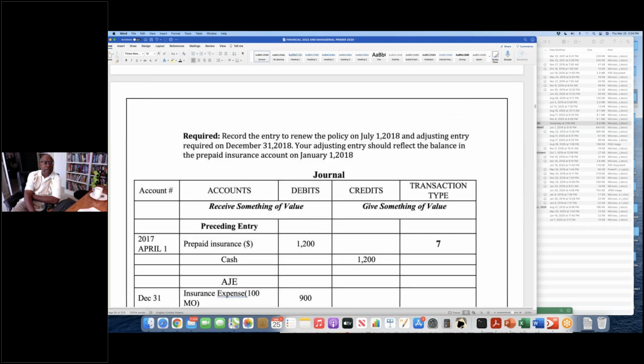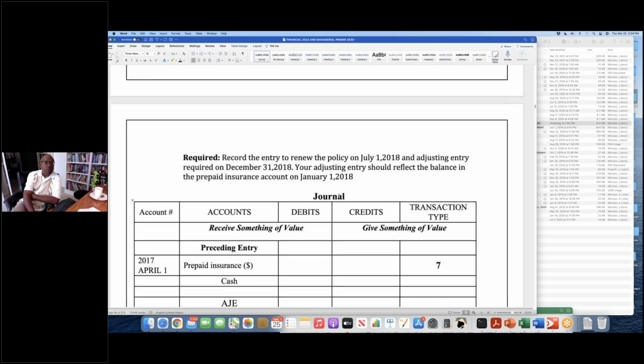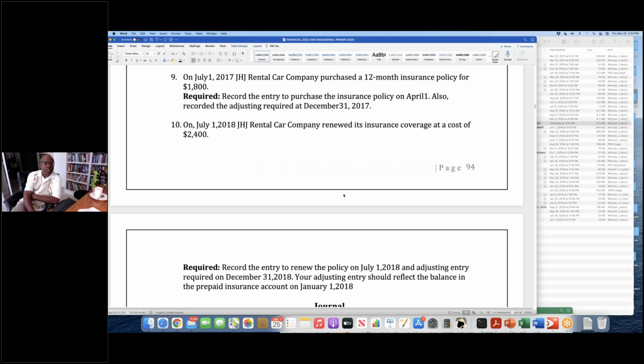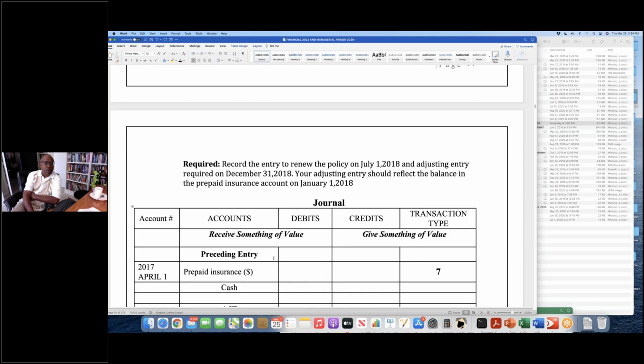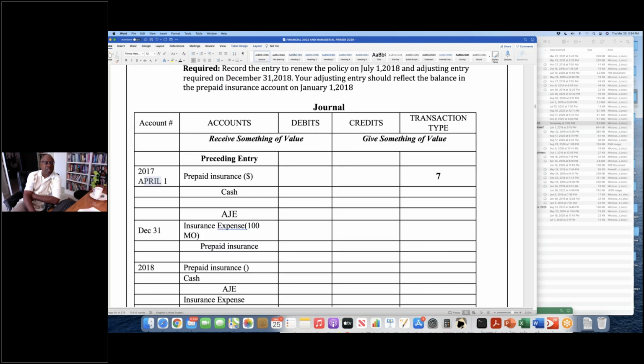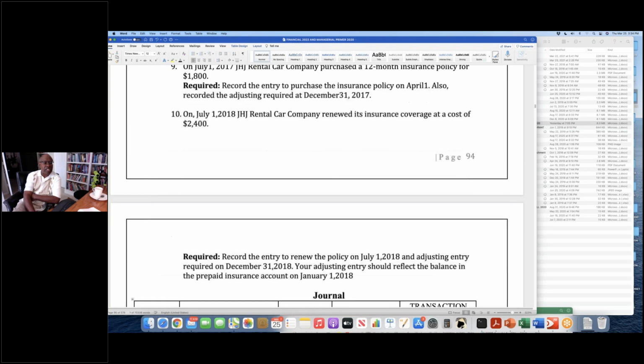So you're doing the same thing. Same accounts. Now these months and everything are going to change, but the accounts are staying the same. So if you're doing 9 and 10, make some calculations. Record the purchase of the insurance 2 times. And I think we said it's July 1st in 9 and 10, isn't it? Yeah, July 1 in 9 and 10.